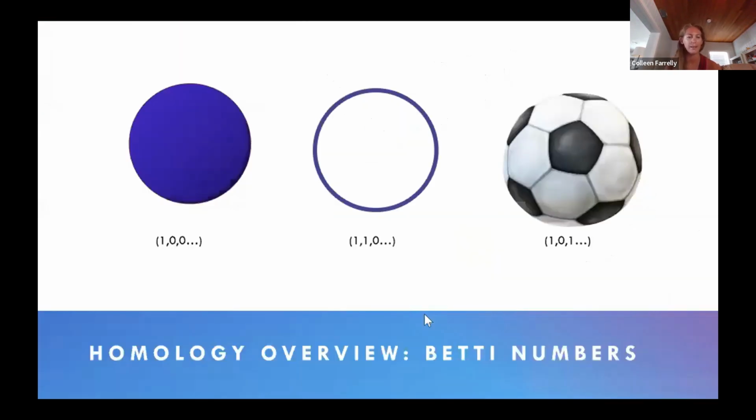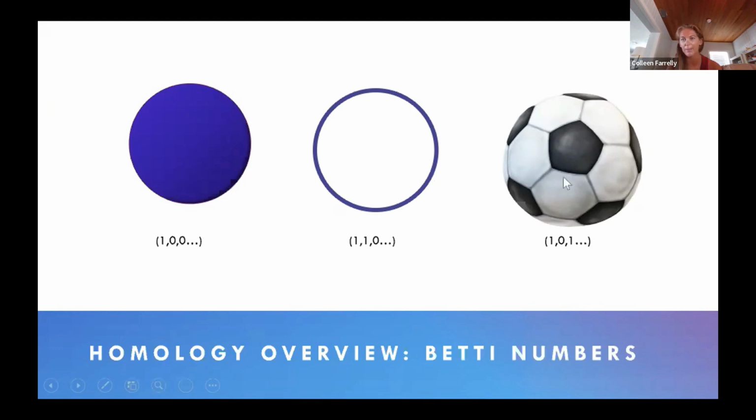Homology is another key piece of this. So we can look at how many holes exist within a shape. So we can have a disk that has one connection and no types of holes. We can have a circle that has one connection and this nice little hole in here.